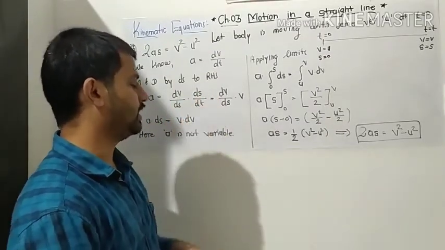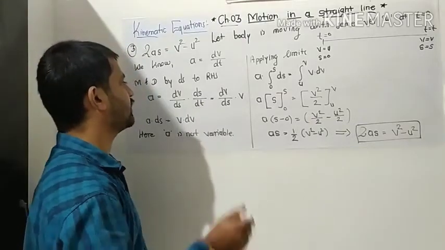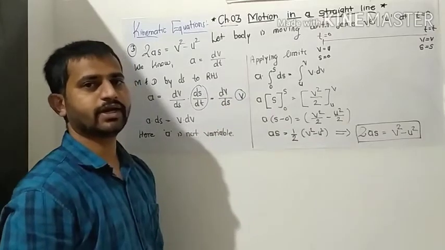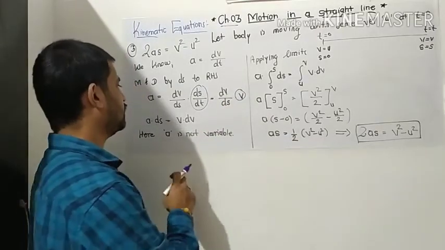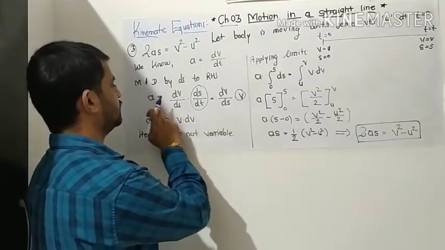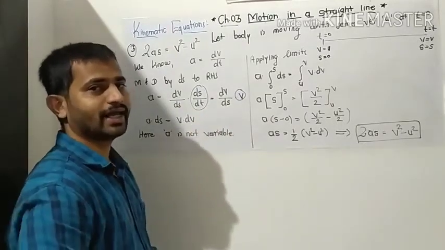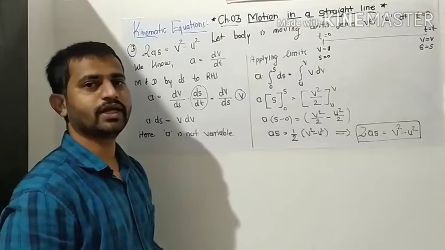And what is ds by dt? This ds by dt is the velocity v. Then we multiply a by the term in the denominator, and we get a ds is equal to v dv.